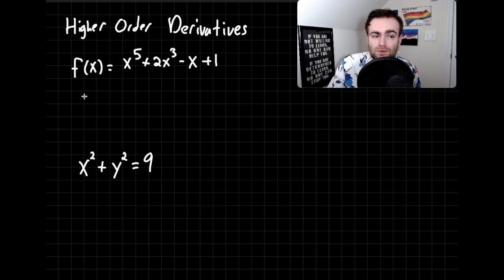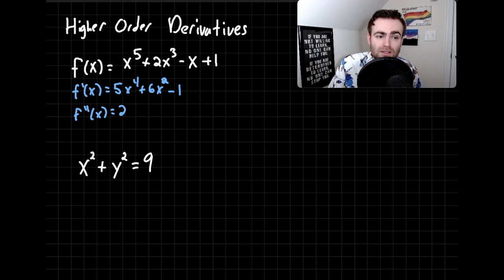So finding the derivatives, same as we always did, f prime of x is equal to 5x to the fourth plus 6x squared minus 1. So we just take the derivative of this for the second derivative. F double prime of x is equal to 20x cubed plus 12x, and that is it.